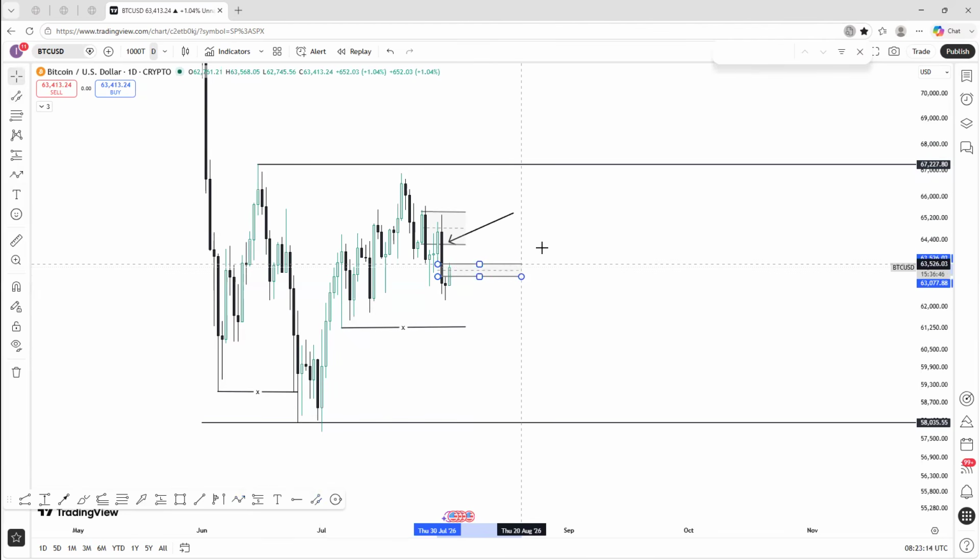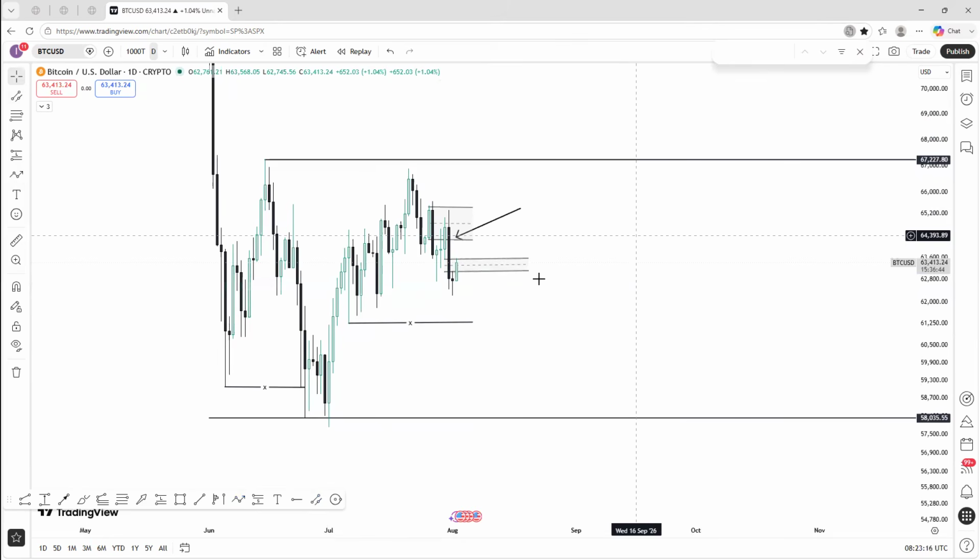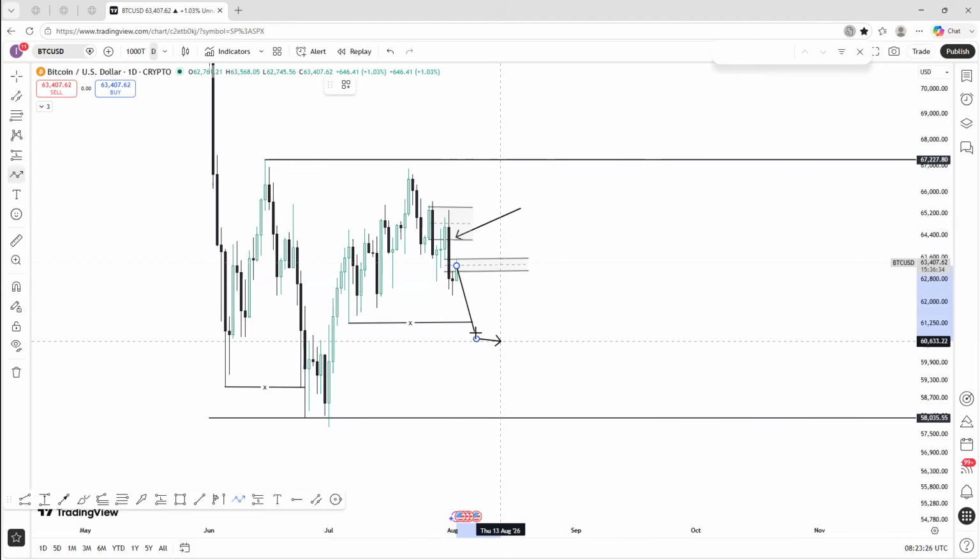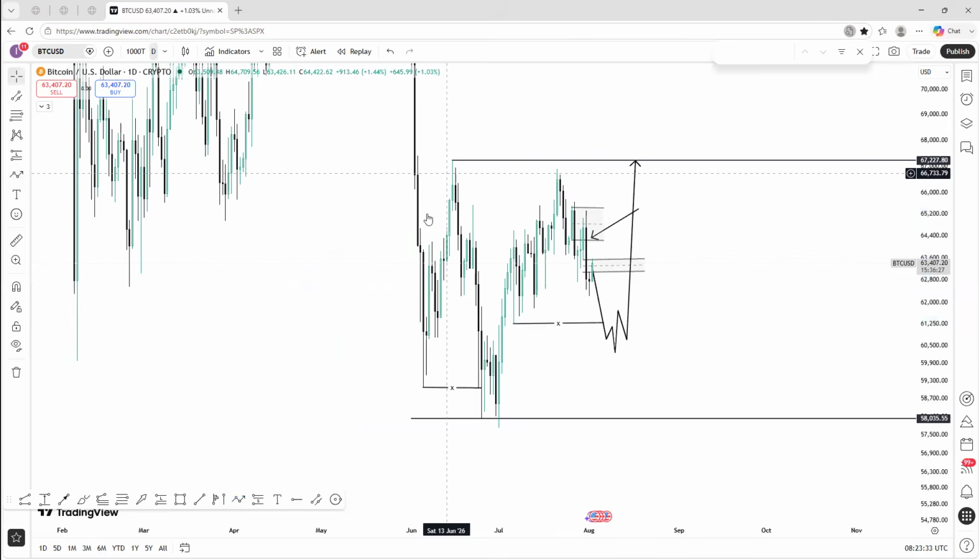So have to wait structure shift on that imbalance to take short positions, and then we'll target this sell side liquidity. Then after liquidity sweep, wait for structure shift, and then execute long position, and then we'll target that buy side liquidity.